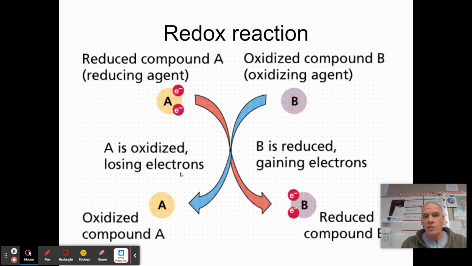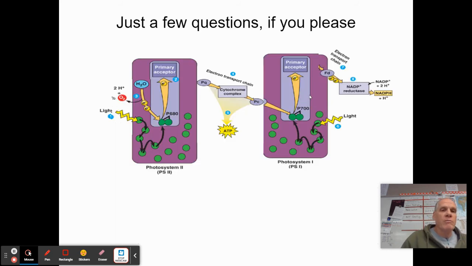A is oxidized, it's losing electrons. B is reduced, it's gaining electrons. And these are some confusing terms you might see: reducing agent or oxidizing agent. But the big ones to remember are which one is reduced and which one is oxidized.